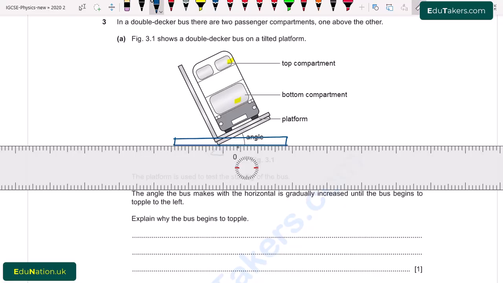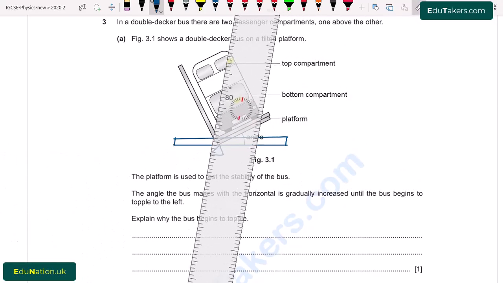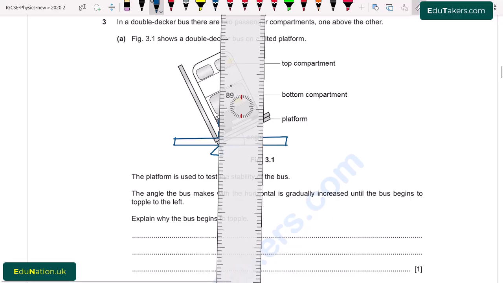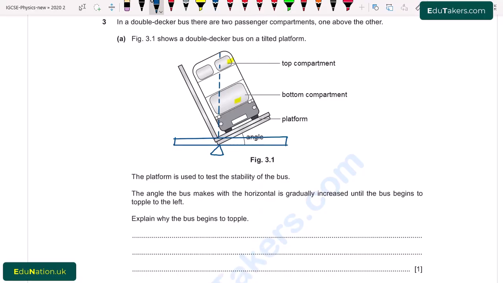If I also draw a line at its center, you can see here half of the weight will lie on the left hand side while the half of the weight will lie on the right hand side.